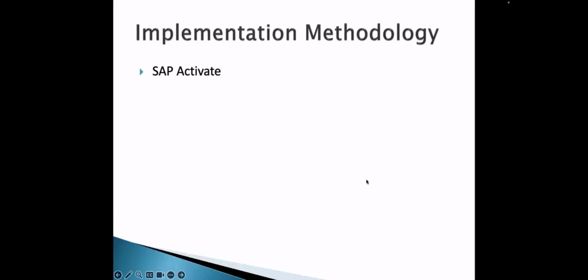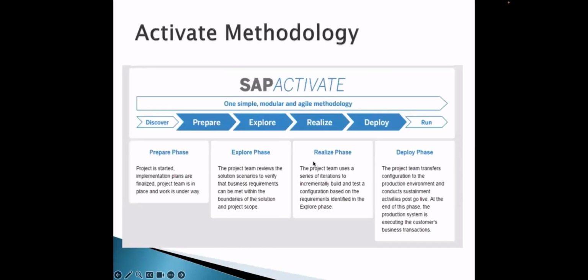When it comes to SuccessFactors implementations, SAP recommends the SAP Activate methodology. In this, we have four important stages of a project's life cycle. As you see on my screen: prepare, explore, realize, and deploy. These are the four important phases in which we see the project implementation going on.